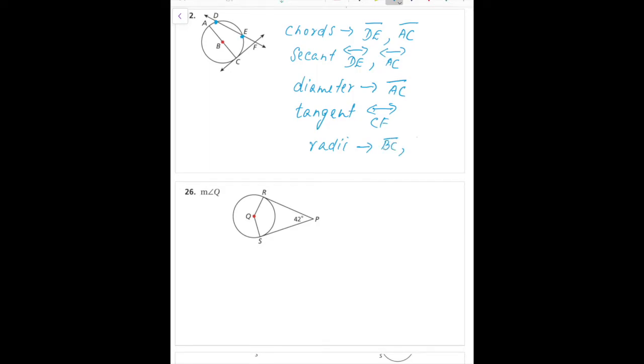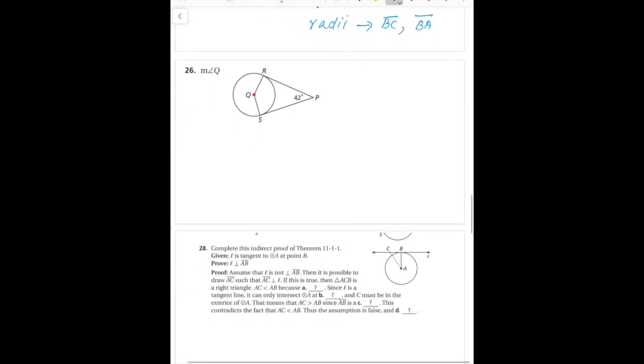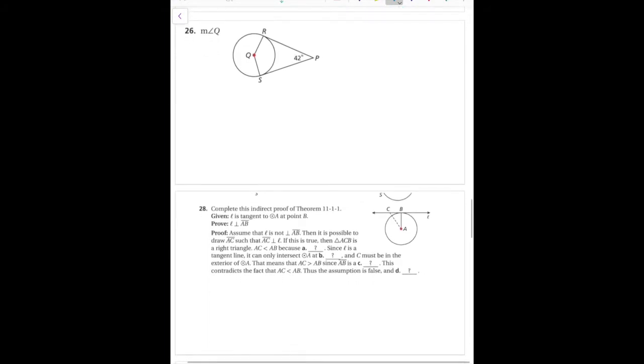Yes, segment BC and segment BA, and B is the center of the circle. So those are the segments and lines that intersect the circle. So we identified everything. Let's move on to the next problem, number 26.